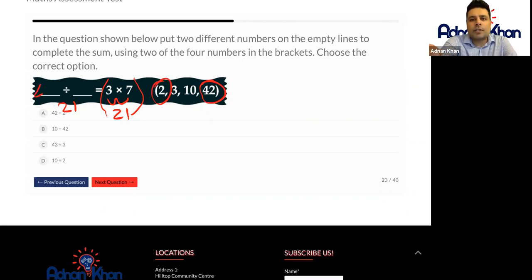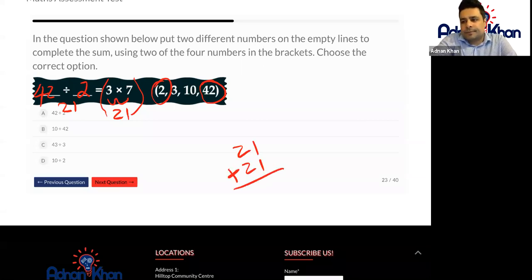So what's 42 divided by 2? So what's half of 42? Does it give you 21? What's 21 add 21? Should we check? Let's do this. What's 1 add 1? 2.